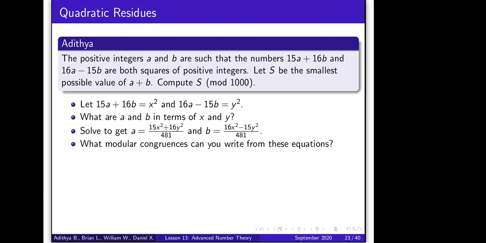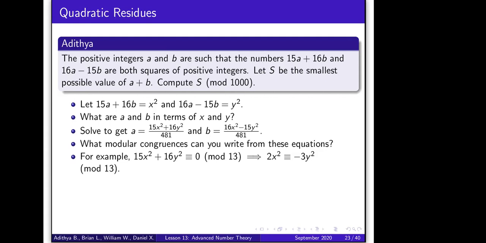Okay, well, remember that 481 is 13 times 37. So we can write, for example, 15x squared plus 16y squared is 0 mod 13. If we simplify this a little bit, we can write this as 2x squared is equivalent to negative 3y squared mod 13.